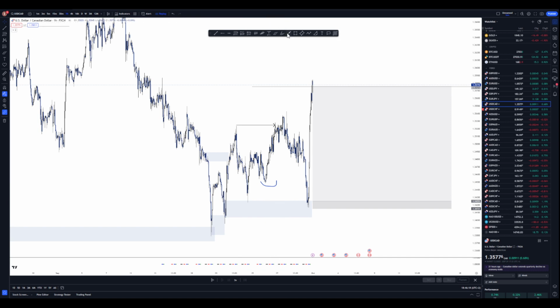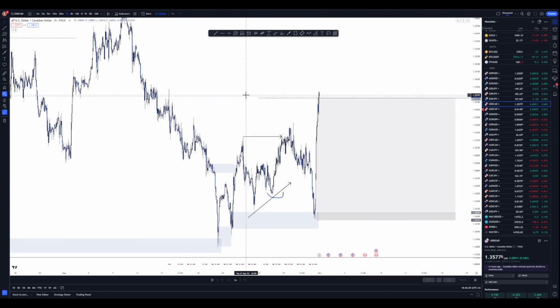So basically identified as liquidity, which is right here, and we took this entry, taking it all the way up to this supply zone right here. So basically this is USDCAD trade study, about 150 pips.